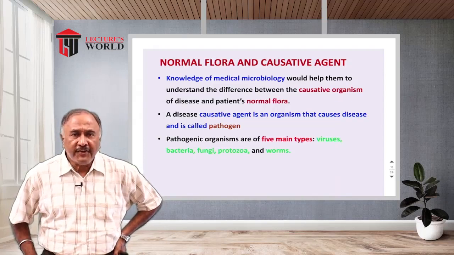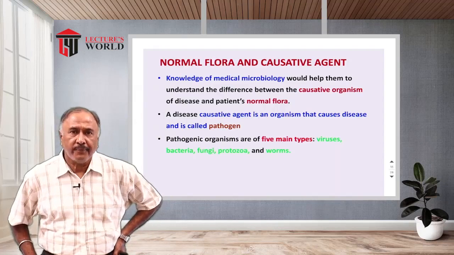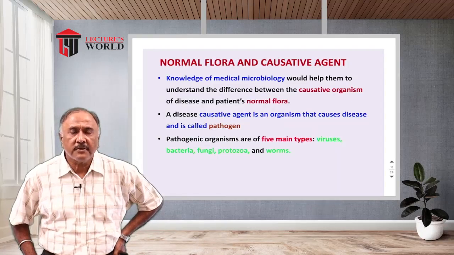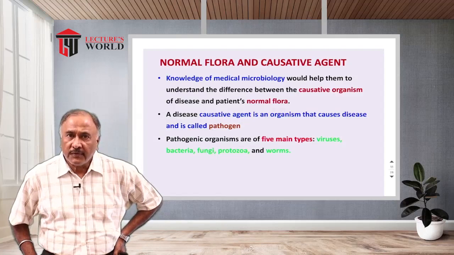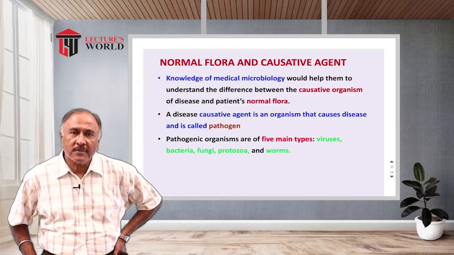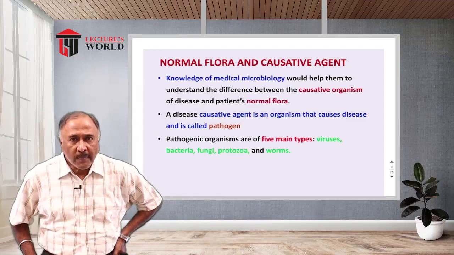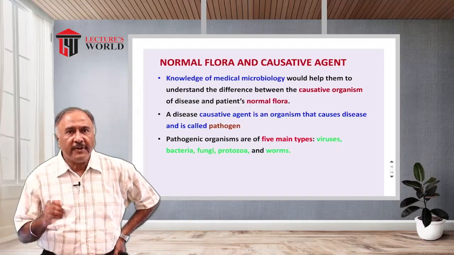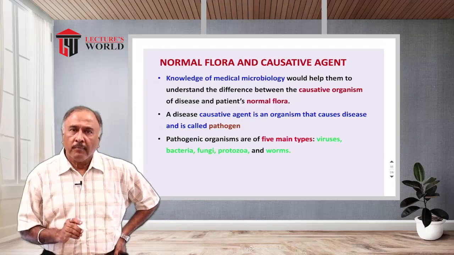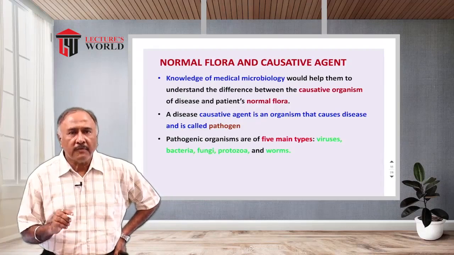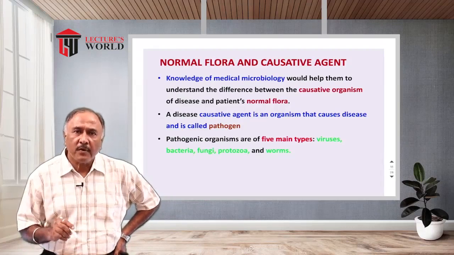Now, differentiation of a normal flora and a causative agent is necessary because normal flora do not cause the disease. The name itself indicates normal flora. Flora here is used in the sense of microorganisms.